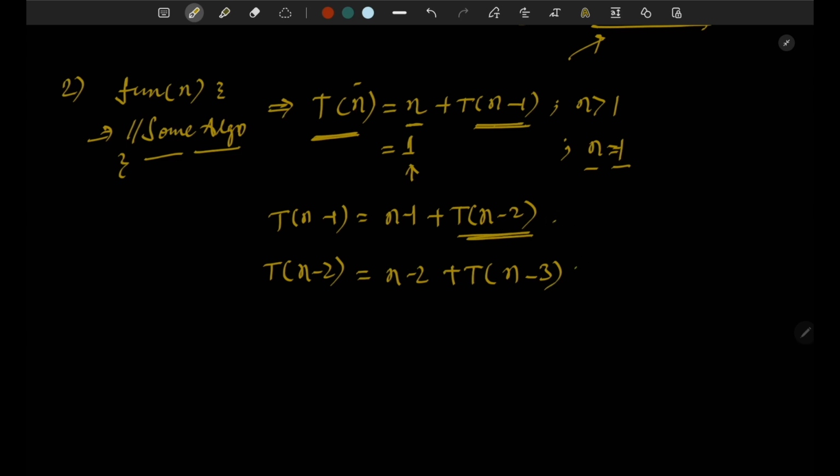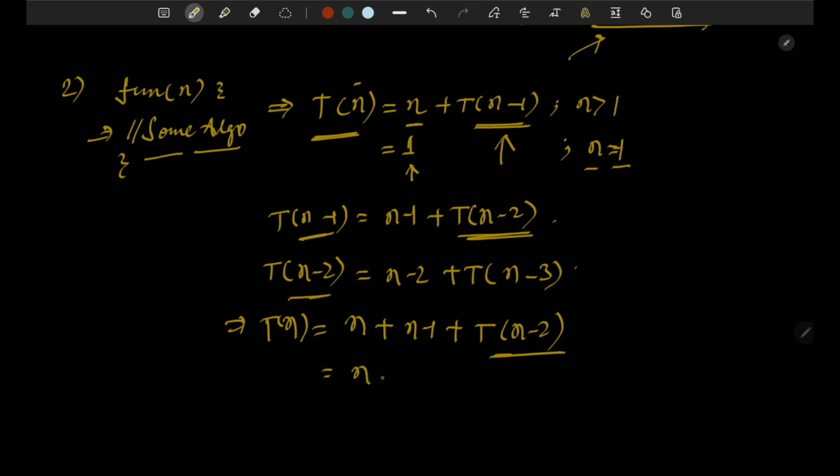Now what we can do is place this T of n minus 1 value back into this one. When we do so, we have T of n is n plus n minus 1 plus T of n minus 2, and we can place the value of T of n minus 2 from here.